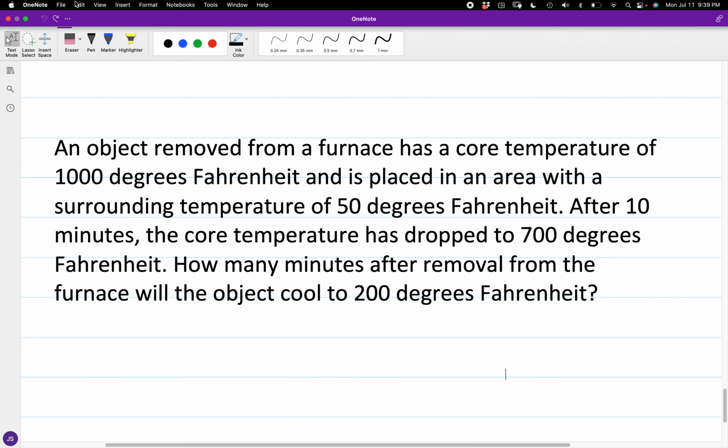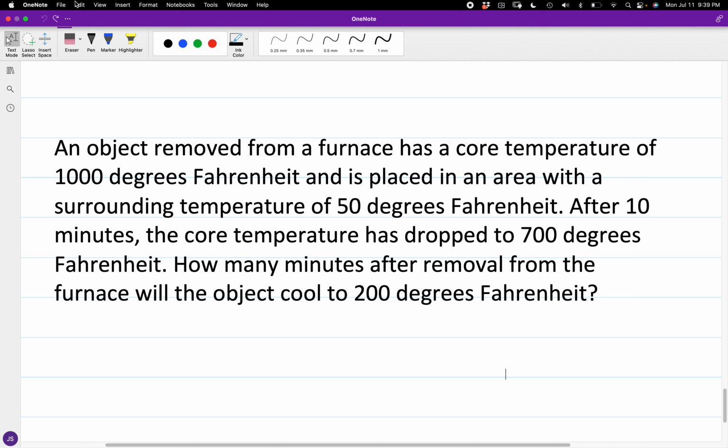Now let's say, as an application of computing the core temperature utilizing Newton's law of cooling, that we have an object removed from a furnace with a core temperature of 1000 degrees Fahrenheit, and the object is placed in an area with a surrounding temperature of 50 degrees Fahrenheit.